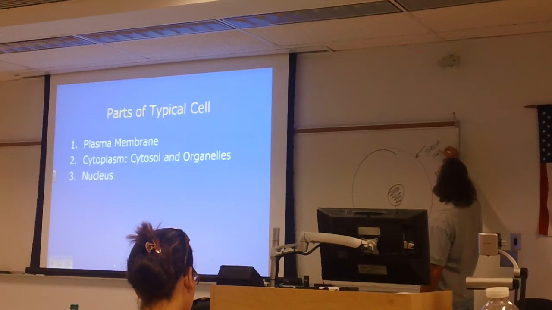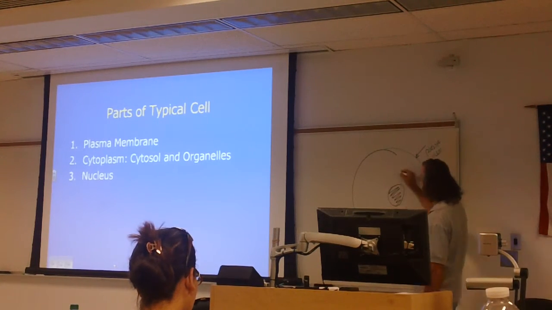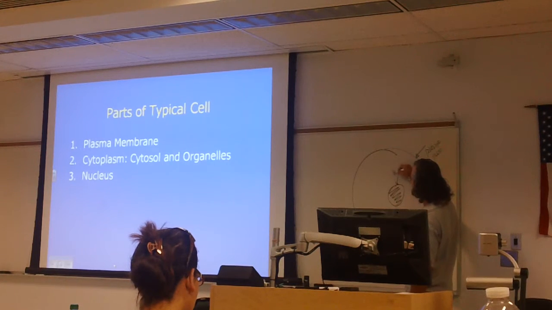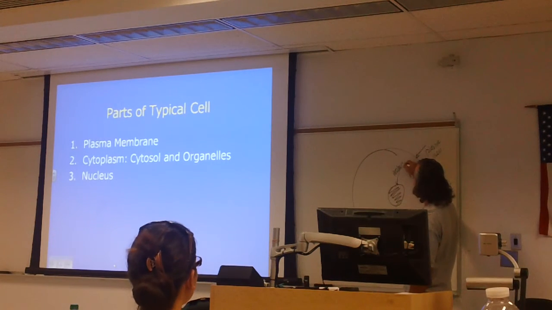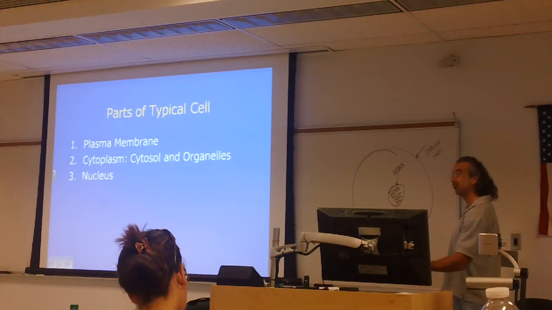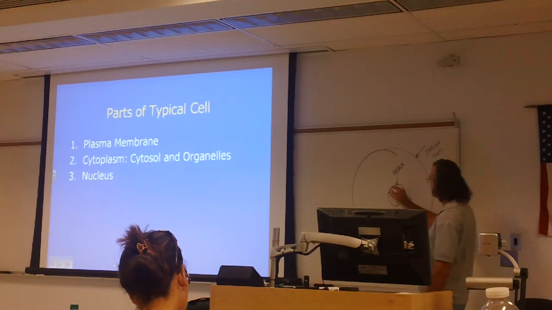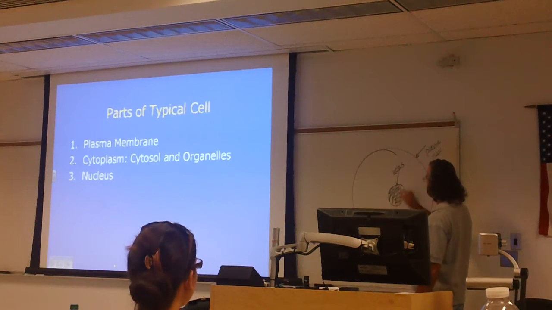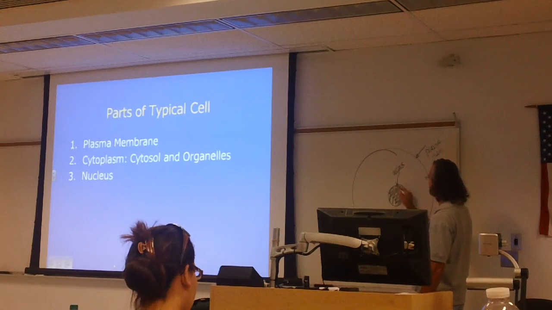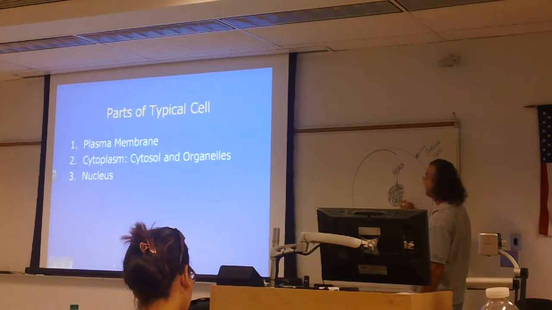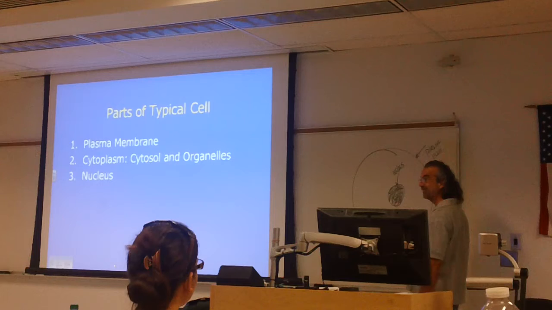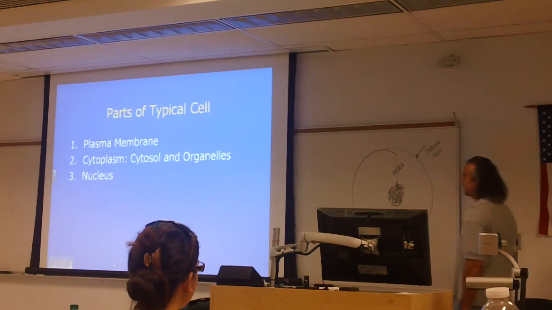Here's my nucleus. Right there, that's the control center of the cell. It tells it what to do, when to do it, how to dress, what to wear, look at the kid's bed. It's like a wife, isn't it? Alright, that's the control center.